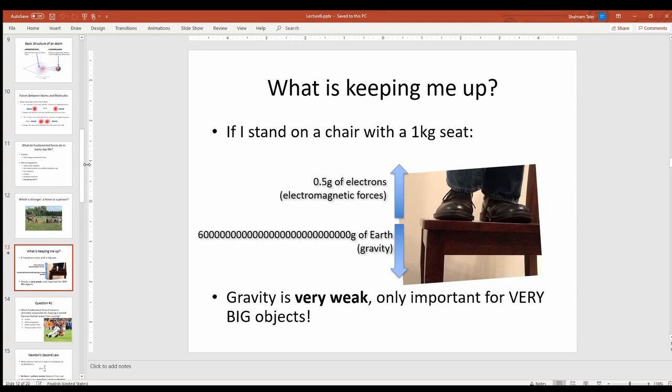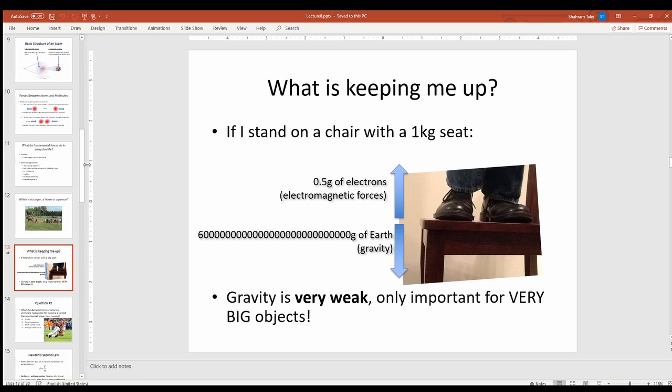These forces have differences. They work on different scales. For example, if we compare electromagnetic force with gravity, gravity is a very weak force, but the main difference is that gravity works over very large distances.